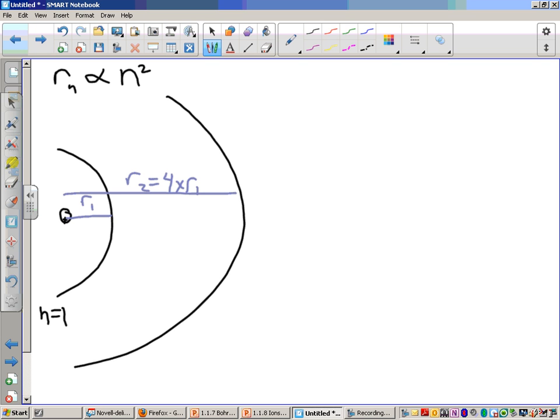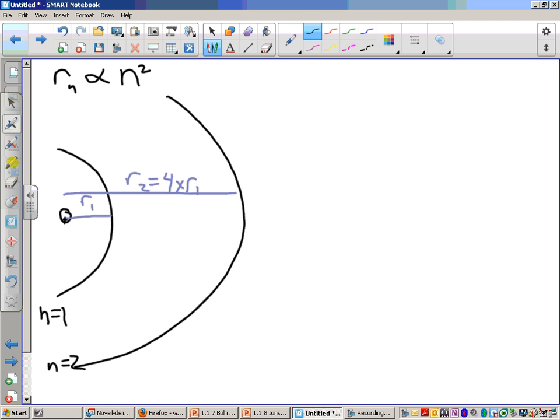Which means, this is n equals 2, if next I want to draw the third orbit, how many times further than the first am I talking about there if it's related to the square of the orbit number? Yep. It's going to be 9 times out there, which means this is 4.